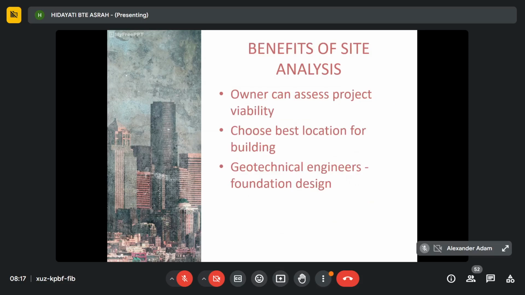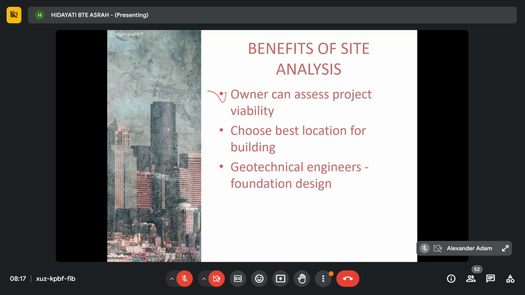Of course the benefit goes to the building team: the owner, the architect, the consultant, the contractor. Because by doing the site analysis, the owner can assess the project viability, whether he or she can consult with the professional advisor whether it is worth continuing with the project or not.